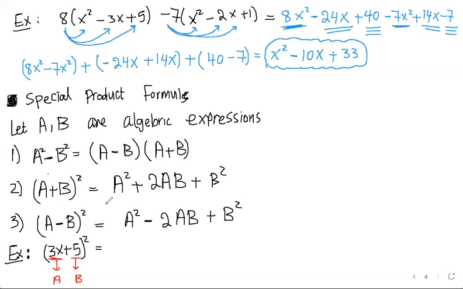So the first term squared, that means 3x, all of this squared, plus 2 times the first term times the second term, 2 times 3x times the 5, plus the second term squared, that means 5 squared.